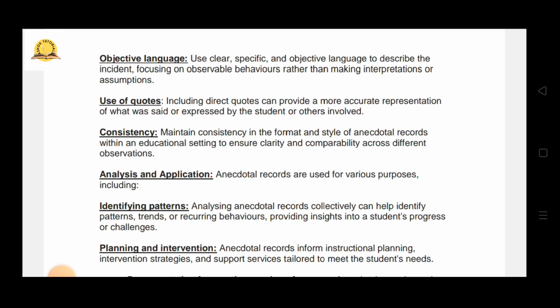We should describe the incident which has taken place: when, where, how, who are the persons involved, what was exactly said, how that person exactly felt. All these things need to be given there. Interpretation or judgmental statements should be avoided. You should not judge anything, you should be unbiased, you should not impose any of your feelings. It has to be the original version only.